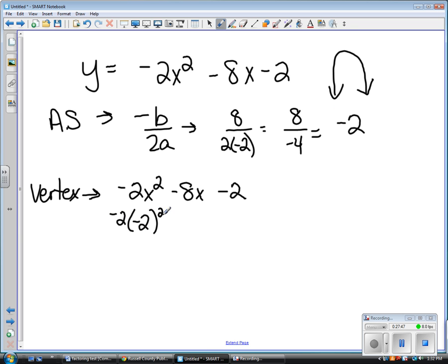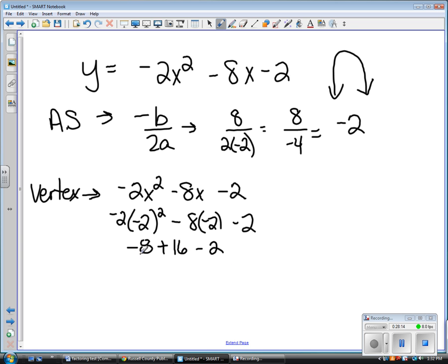So that says negative 2 times negative 2 squared minus 8 times negative 2 minus 2. What's negative 2 squared? It's positive 4. What is positive 4 times negative 2? Negative 8. What is negative 8 times negative 2? Positive 16.